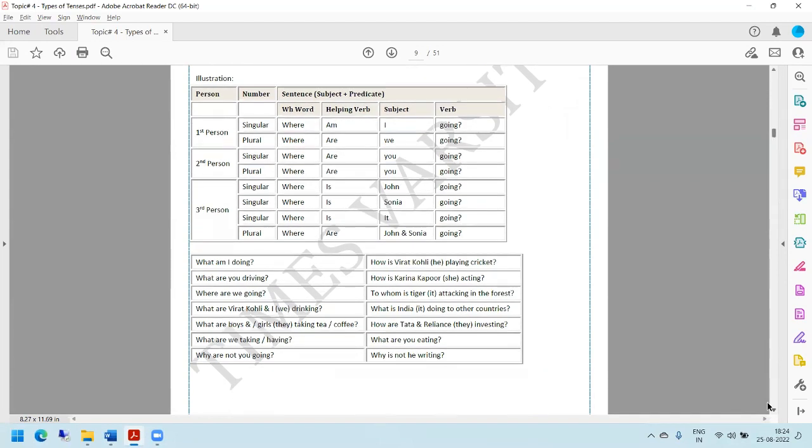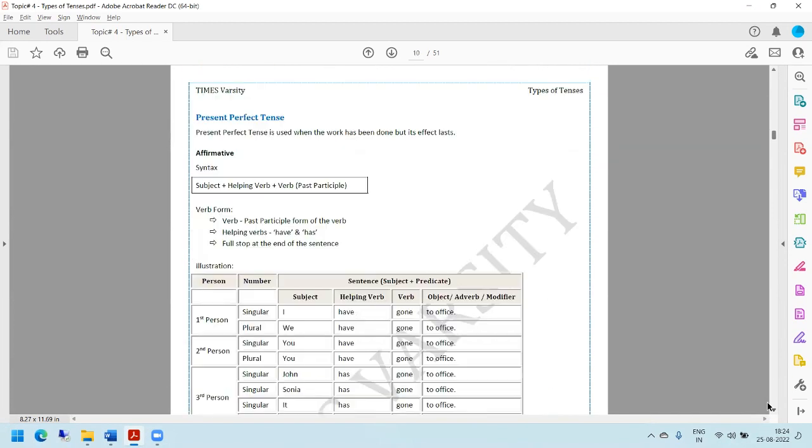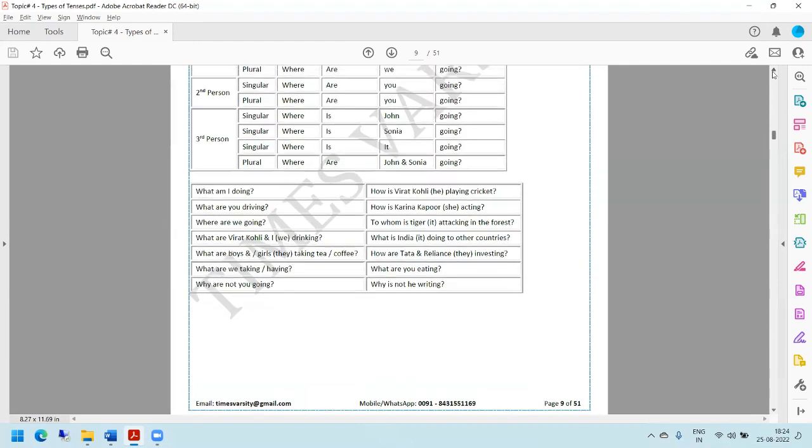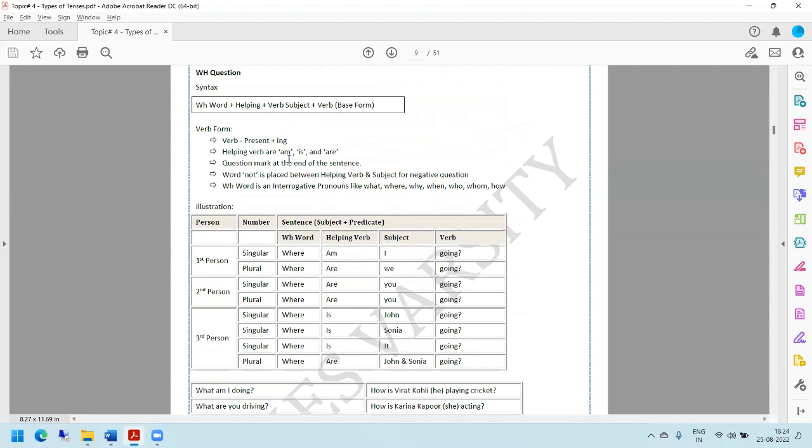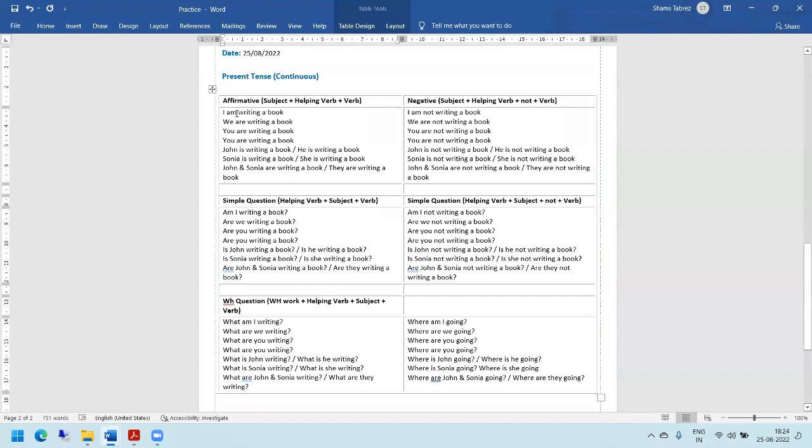In present continuous, three helping verbs are used: am, are, and is. With different pronouns, different helping verbs are used.